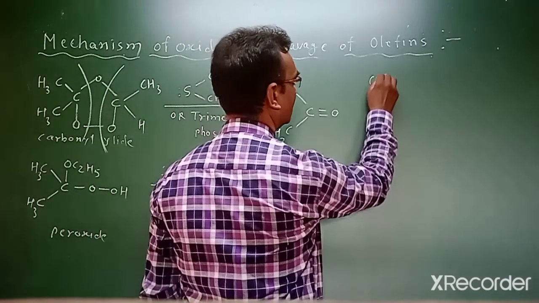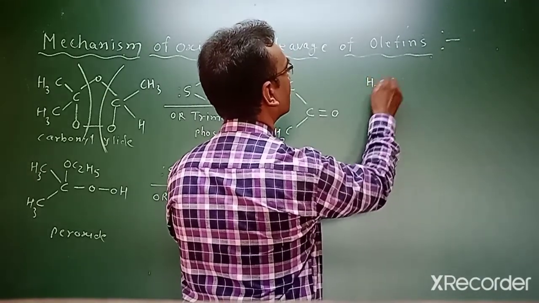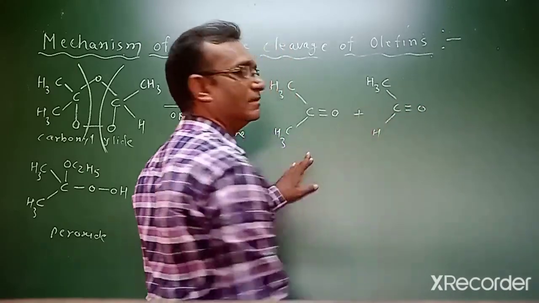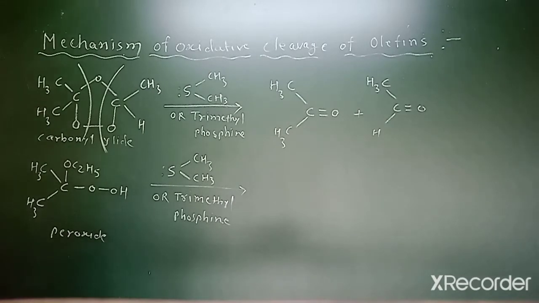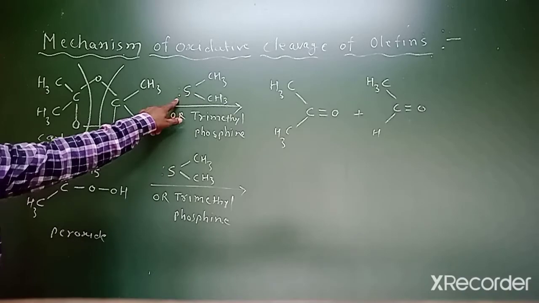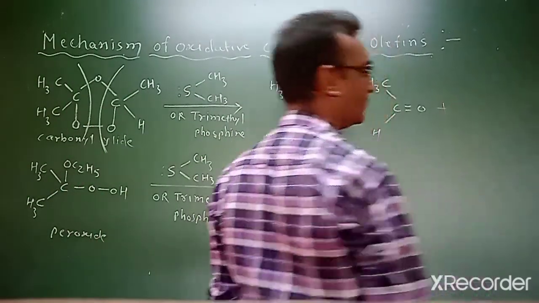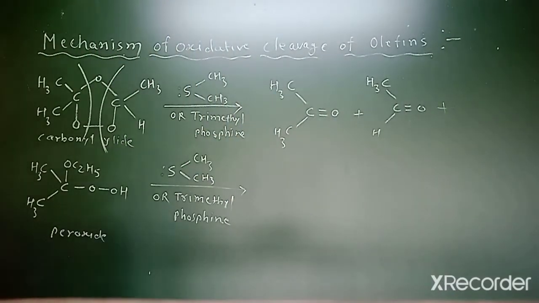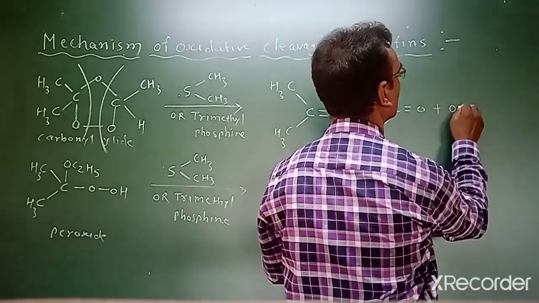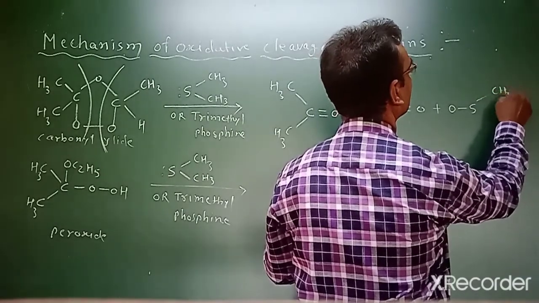After that, CH3C double bond O H. This is acetaldehyde. After that, this oxygen gets bonded with sulfur with the help of a lone pair of electrons, plus O S CH3.